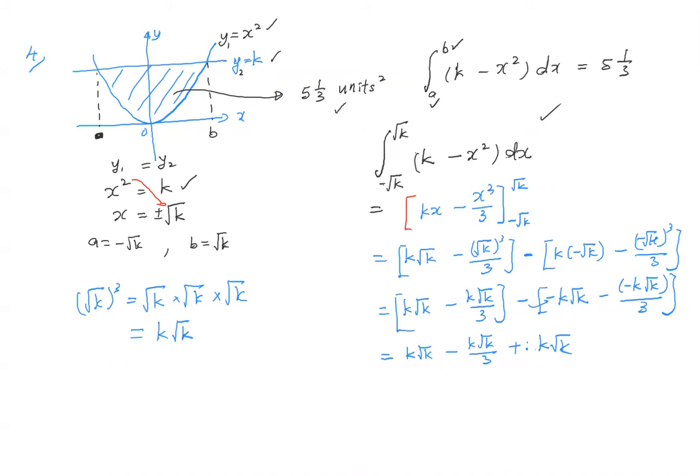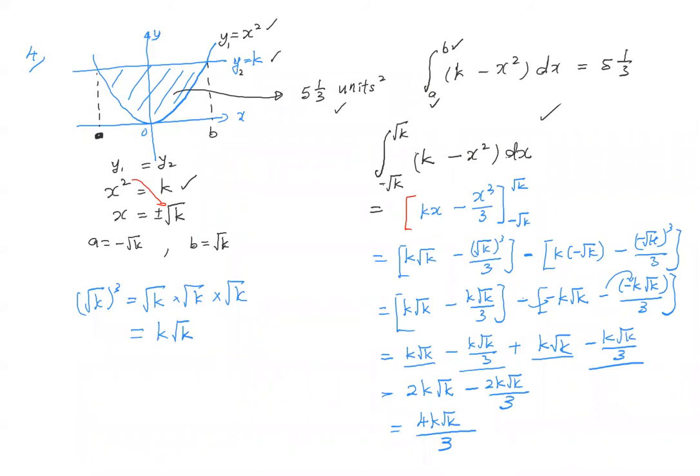Sorry, should be k root k. Then this one minus becomes plus, times minus, you get minus k root k over 3. 1 of k root k plus 1 of k root k, I get 2 of k root k. Take away 1/3, take away another 1/3, take away 2/3. So I am left with 4 k root k over 3.